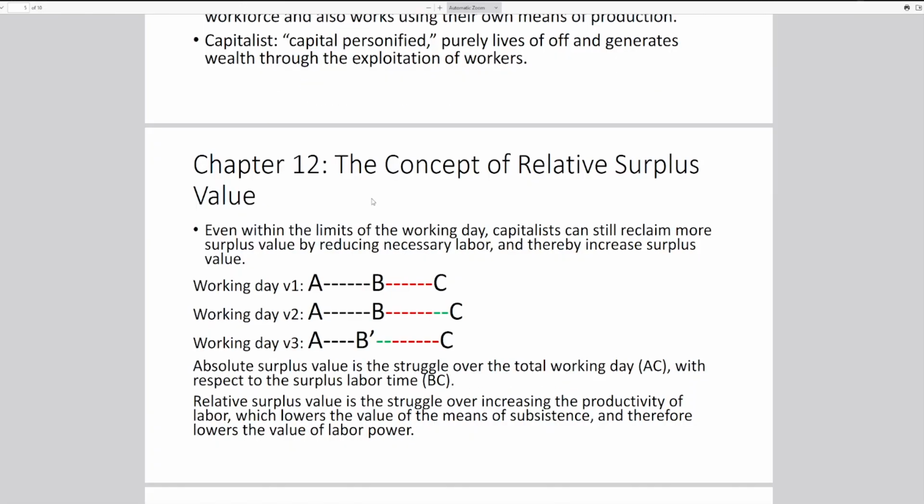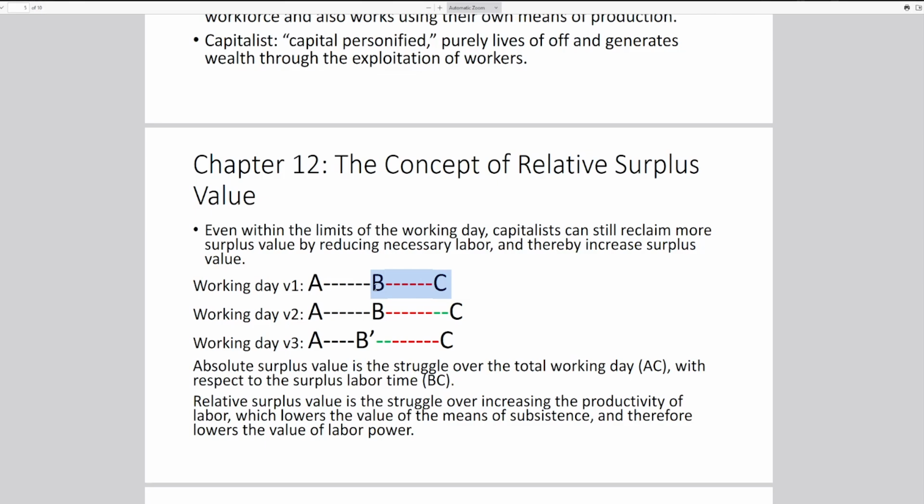Yes, you're denying the means of subsistence to people through private property relations, but then you're using that specifically to make them not only work for their bread, but work way more than they need to.